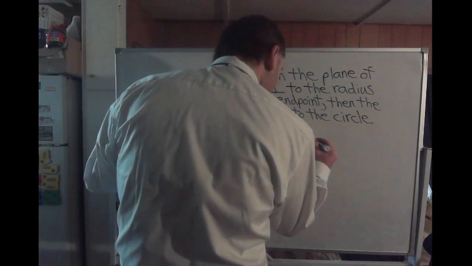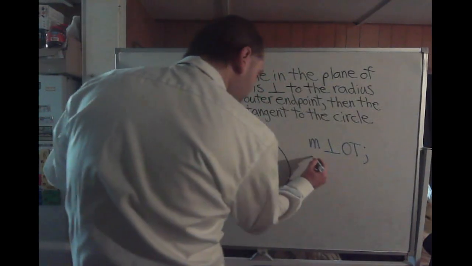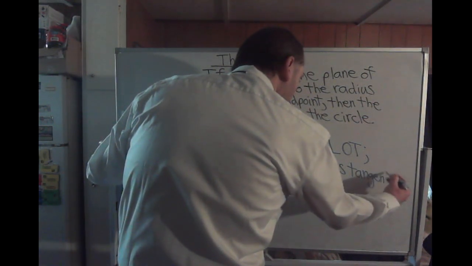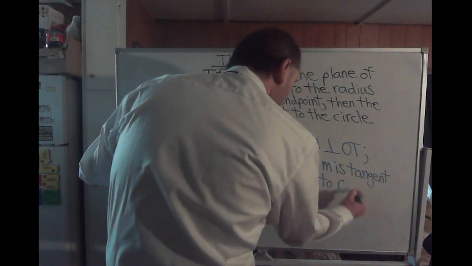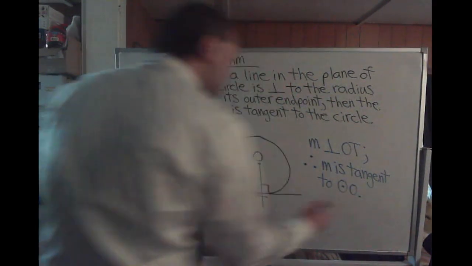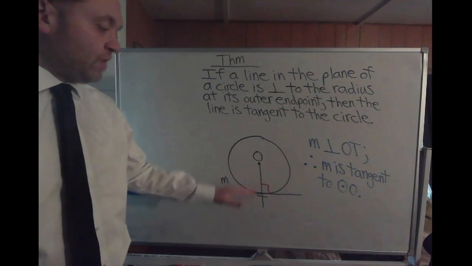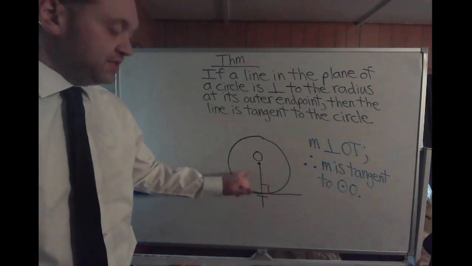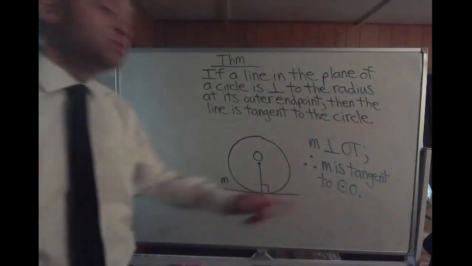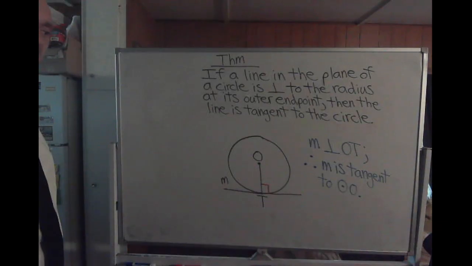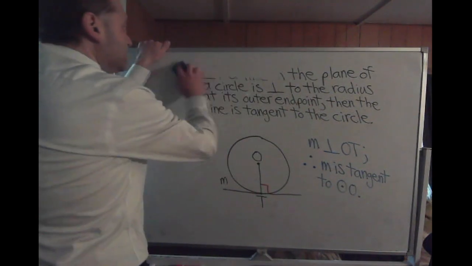We can state that M is perpendicular to OT, therefore M is tangent to circle O. So since line M is perpendicular to radius OT, this theorem states that line M would be tangent to circle O. So those are pretty simple theorems to understand, honestly. Those really aren't that bad to understand.